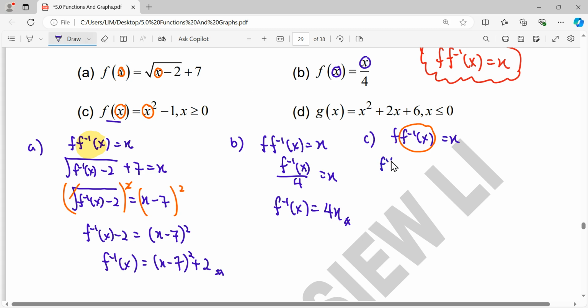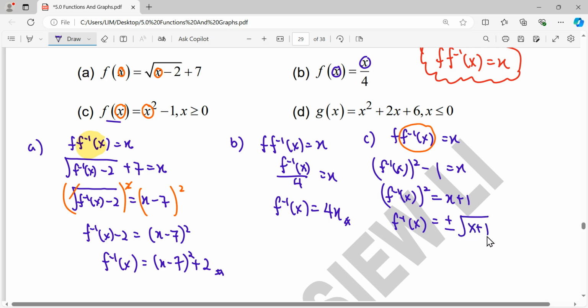Therefore, we will get f inverse squared minus 1 equals x. Simplify this, f inverse squared equals x plus 1. Then when I want to move the square to the right hand side, actually we are solving a quadratic. So we will have two answers, maybe positive, maybe negative, for the square root of x plus 1.